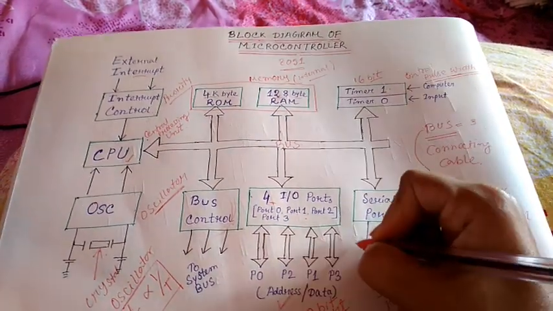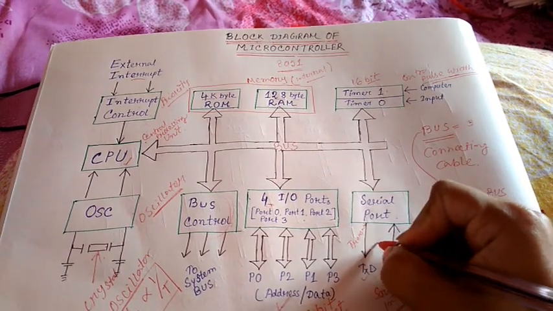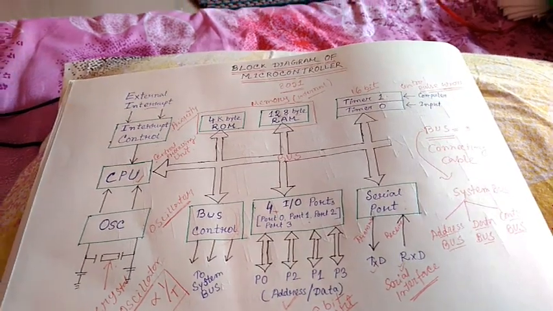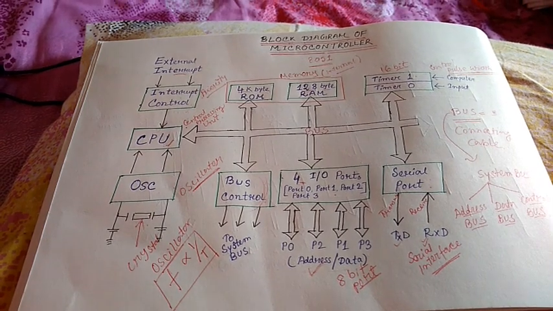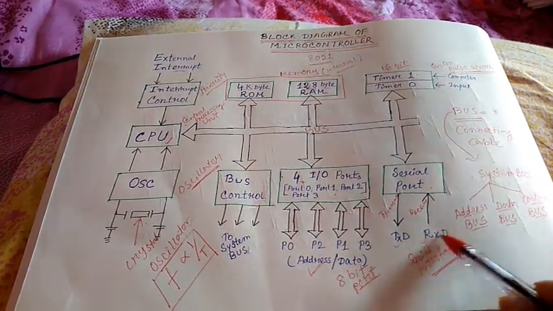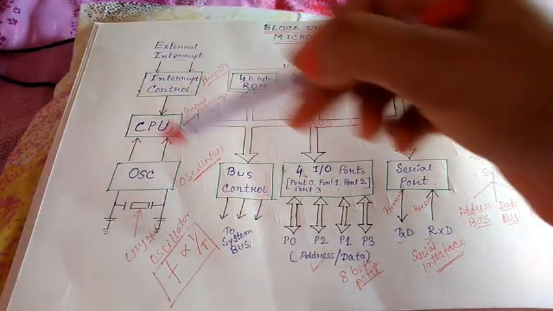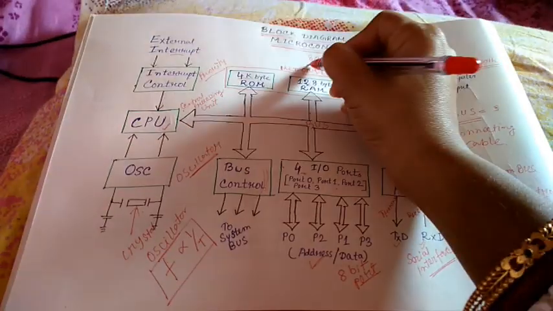So when the 8051 microcontroller works as the serial interfacing unit, then TXD and RXD have the main important role to send and receive the data. So this is the total block diagram of the 8051 microcontroller.